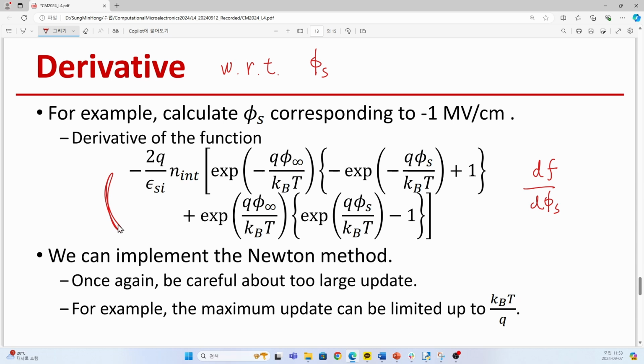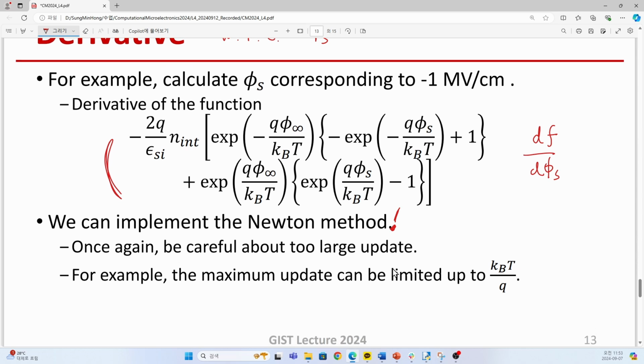Now you know the function value and the sensitivity of a function value with respect to the solution variable. So now you can implement the Newton method quite easily. Although it is lengthy, you can just type this equation, then you can make the Newton iteration.